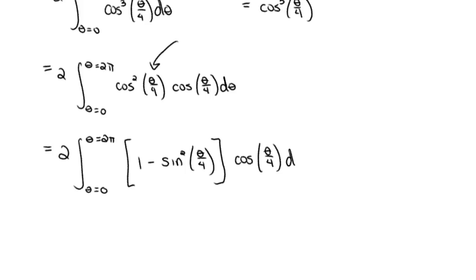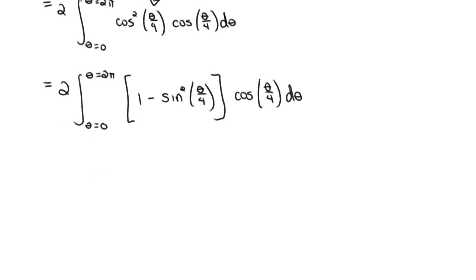To be honest with you, I dislike these angles in here, so I'm going to just do a u sub here. It's not necessary, it's just in my way, so it bothers me. Let u equal theta over 4, which implies that du is equal to 1/4 d theta, or in other words, d theta will be traded out for 4 times du.